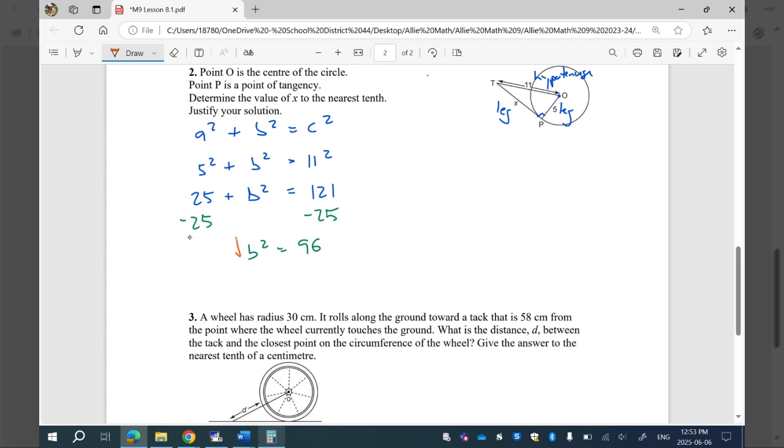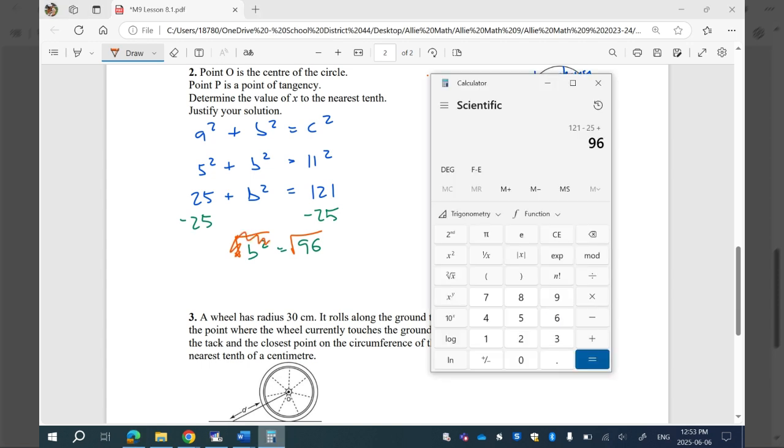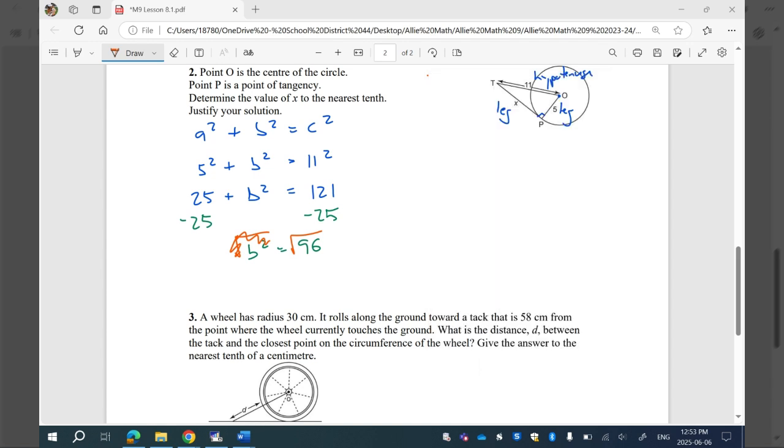So we can take the square root of each of these, and that would cancel this out. And so we'll be left with b equals the square root of 96. How do I do this on this calculator? 96 square root. There we go. Let's do 9.8. So b equals 9.8.